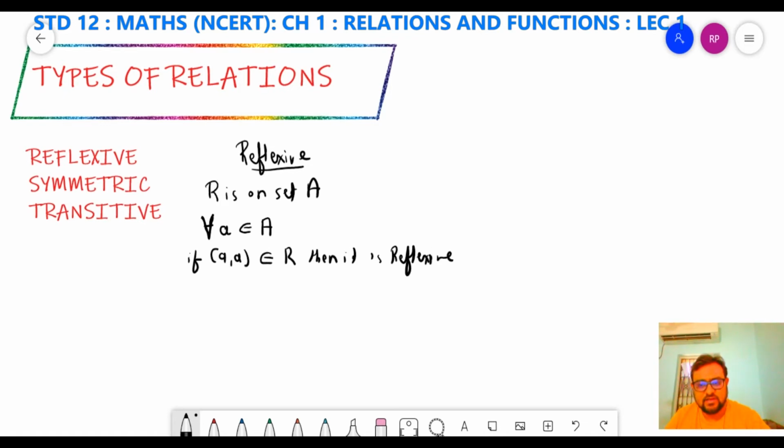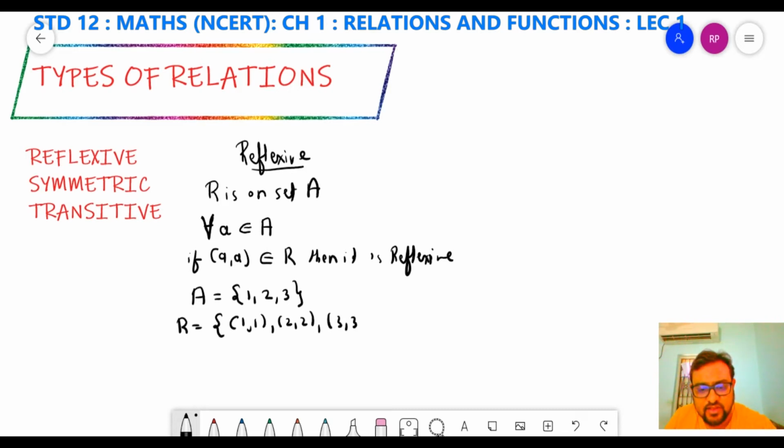Okay, then it is reflexive. Remember, every element means if the set A is such that {1, 2, 3}, right? Then the relation must include the ordered pairs (1, 1), (2, 2), (3, 3).